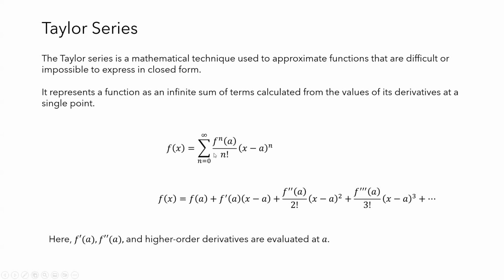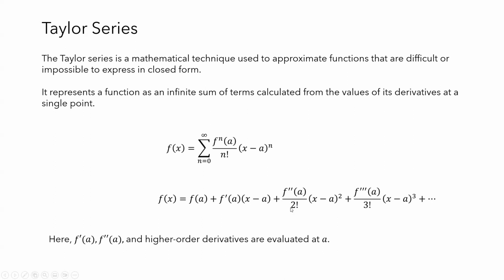Then if I write this without the summation mark, or if I expand this, I get f of a, that is the value of the function at this center value, and then we have the f prime of a, that is the first derivative at x is equal to a, and we have x minus a here, and plus a second derivative and associated terms.